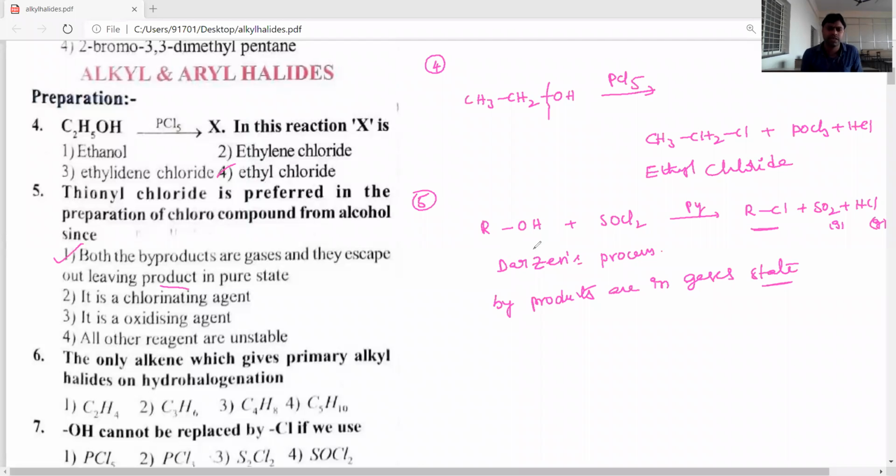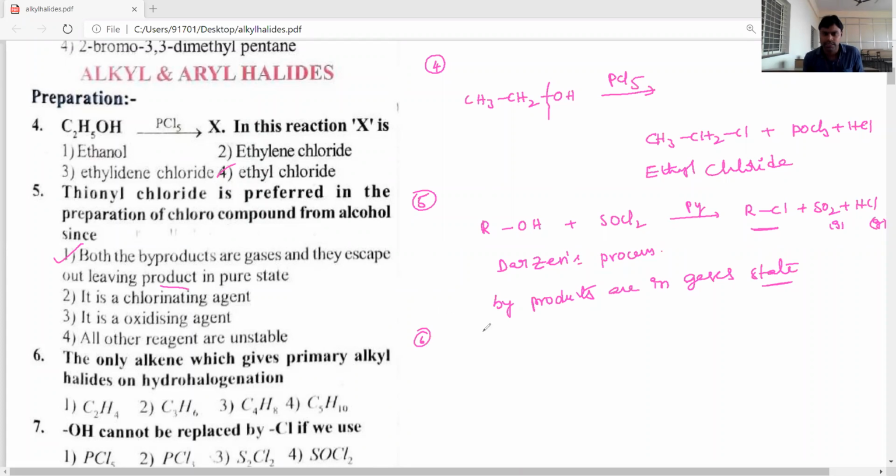And this reaction is also very, very important. Okay. The only alkene which gives primary alkyl halides by the addition of hydrogen halides, hydrohalogenation.